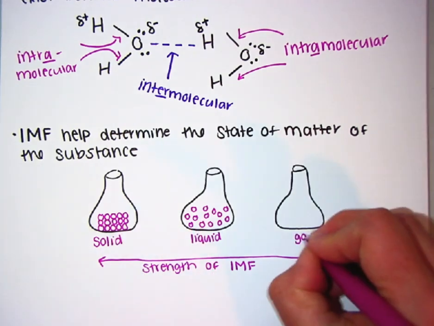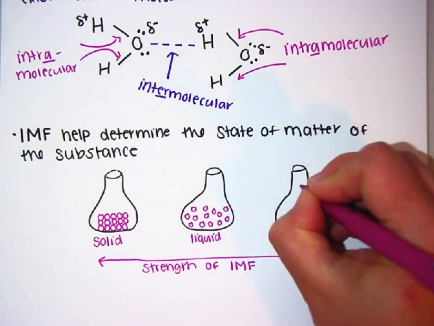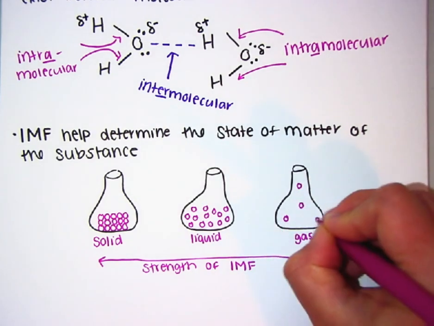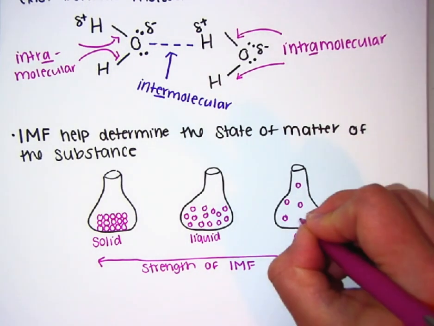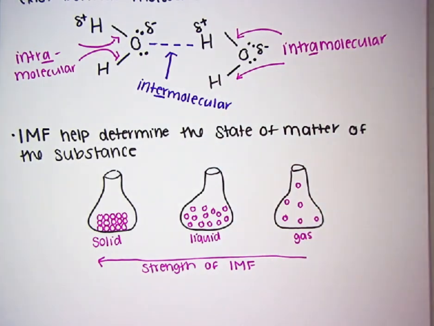If I were to have a gas, these are going to have the weakest intermolecular force, which means we're going to have the greatest distance between those particles. So stronger intermolecular forces pull molecules closer together like a solid. If we have a really weak intermolecular force, those molecules are going to be much more spread out. There'll be much more space between them.